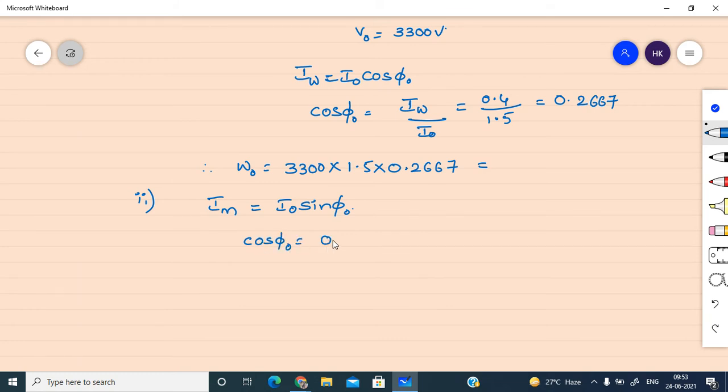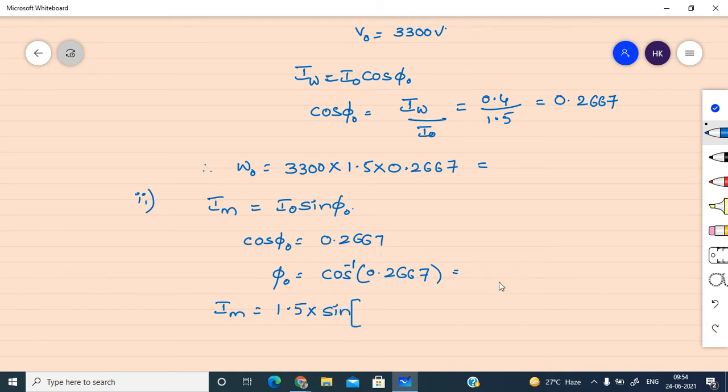Cos phi naught is 0.2667. From this the phi naught value is cos inverse of 0.2667. Then you can find out the IM value. IM is equal to I naught, the I naught value is 1.5, into sine of phi naught.